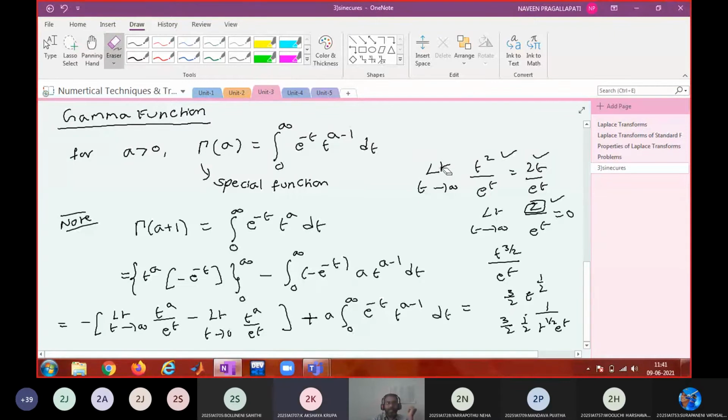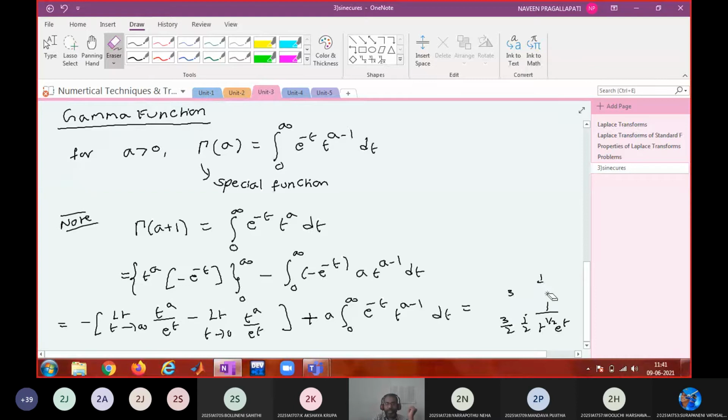Yes, sir. So after repeated application of L'Hospital rule, at some stage you will notice that the limit is going to be 0. So now you see that the upper limit is 0 and the lower limit is 0. So 0 into minus is also 0. So the first expression is 0 plus a into, did you identify this later expression?